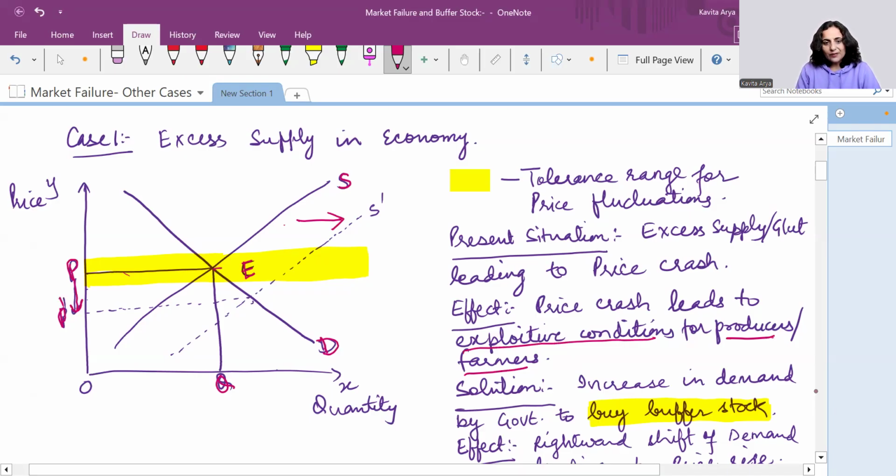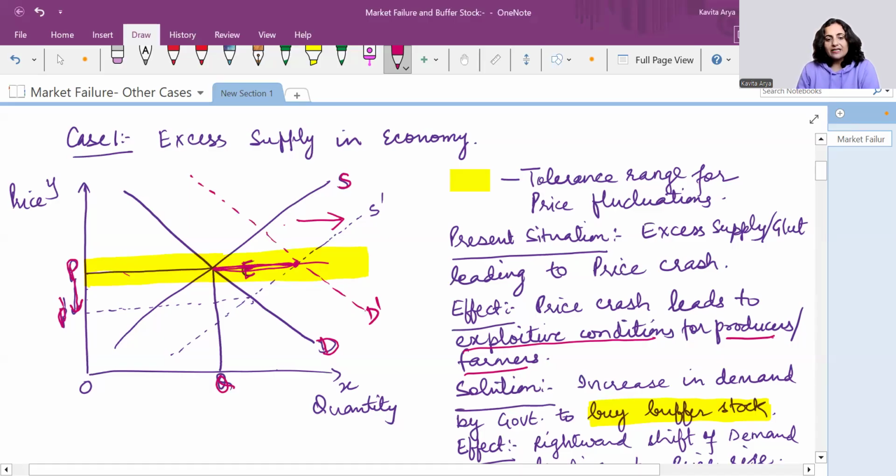Let us extend this price line, right? So this is the extra amount of supply which is there in the market. So to absorb this much extra amount, government tries to give extra demand, means government procures this much in the form of added demand for the buffer stocks.